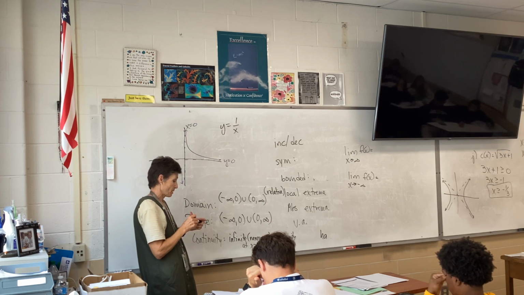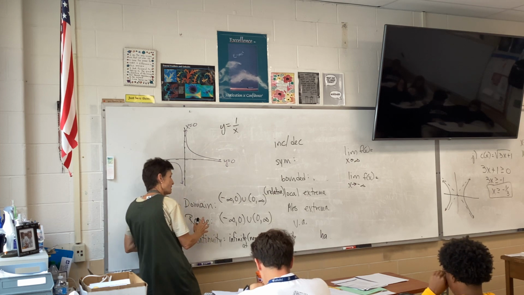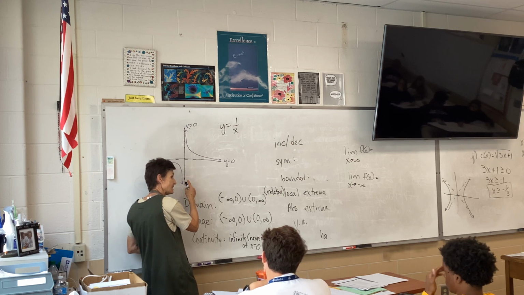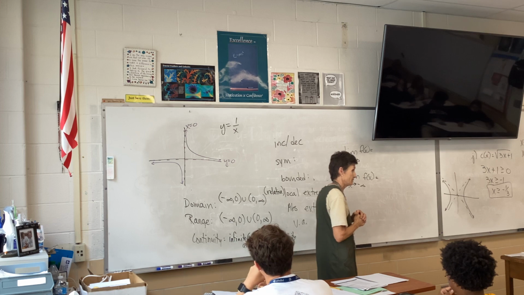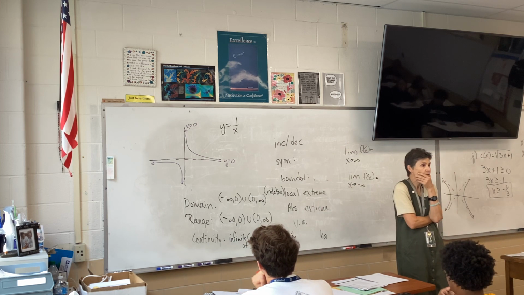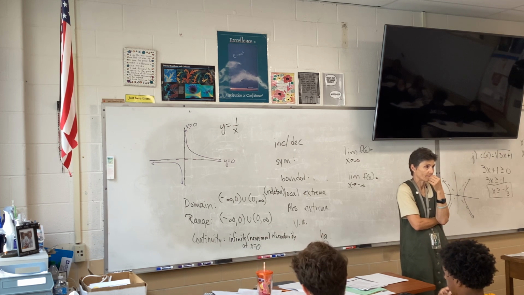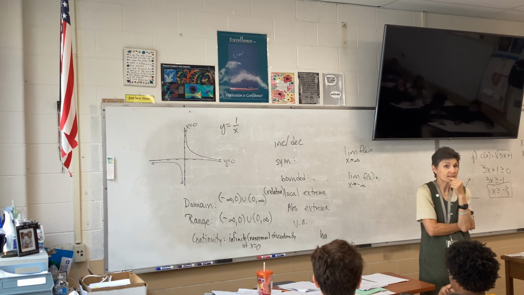Now, be careful, because someone might say that this is continuous on its domain. Now think about that for a minute. Is that a true statement? It's continuous on its domain. The domain doesn't include 0.